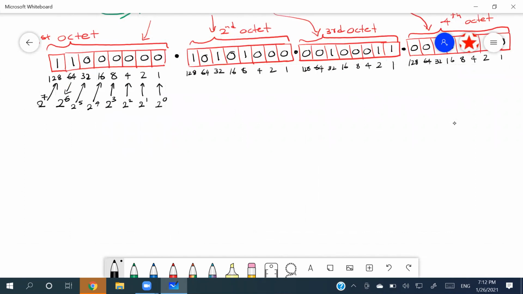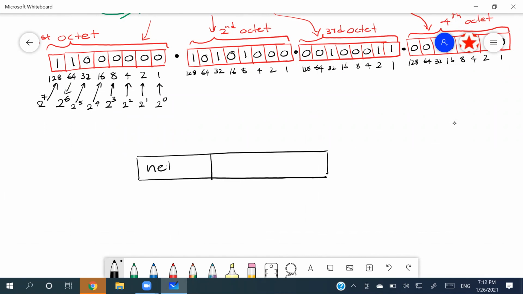If you consider this as the IP address, the first part is called the net ID and the rest is called the host ID. Right?